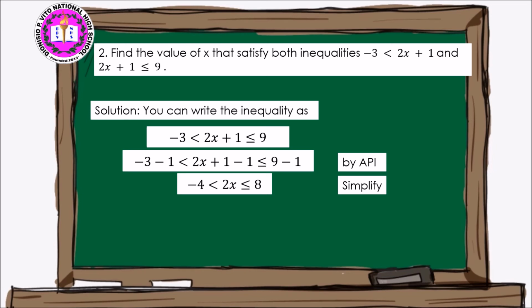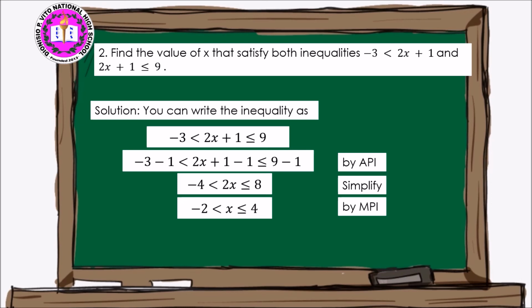Therefore, we have 2x, which is greater than negative 4, but less than or equal to positive 8. So by MPI, we're going to divide both sides by positive 2. So we have 2x divided by 2, so we have x.